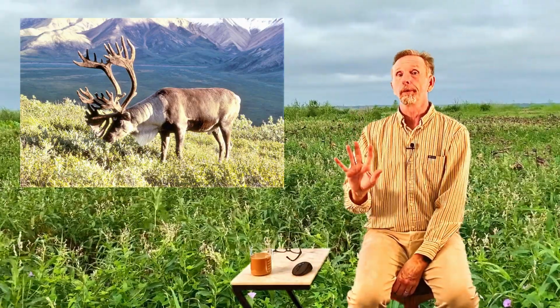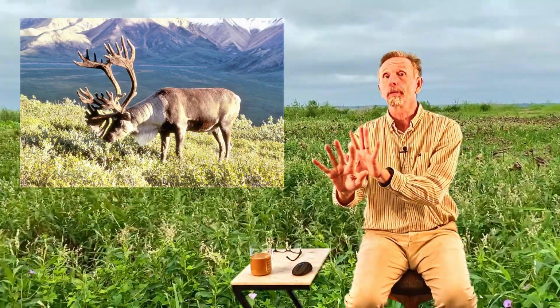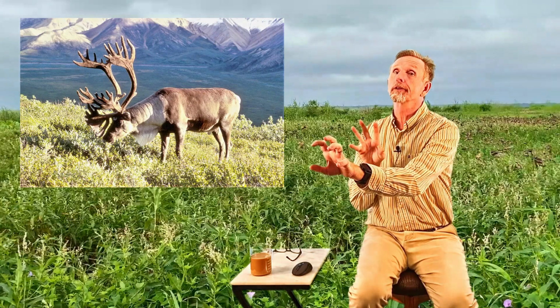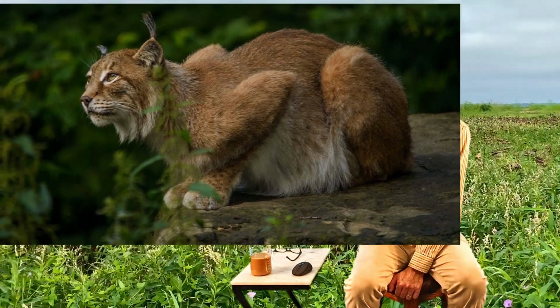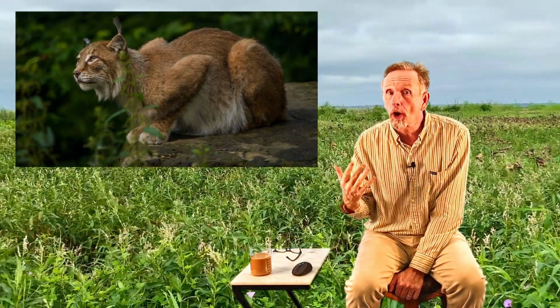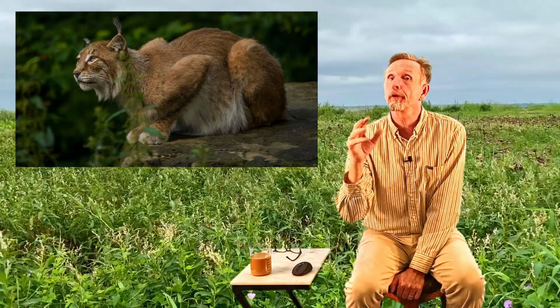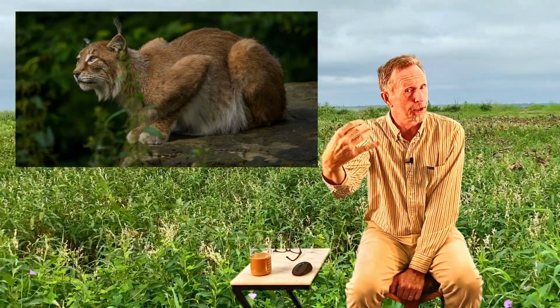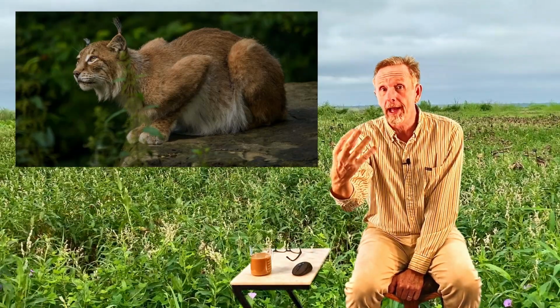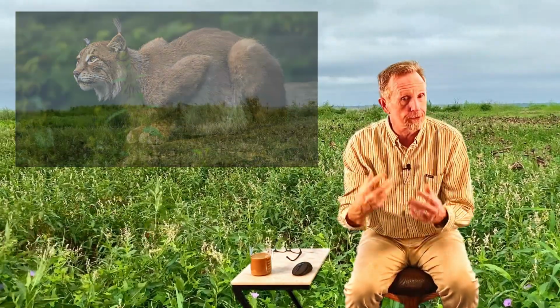And with the plant growth comes the herbivores following it, and the carnivores following them. So things like wolf, fox, bobcat, they're migrating, but they're following the food. And then the herbivores in turn, when it starts to get too cold, follow what little food they have left back for the next season.